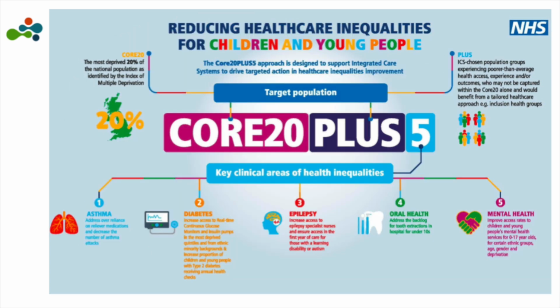Plus, the plus population groups should be identified at a local level. These may be ethnic minority communities locally, people with learning disabilities and autistic people, people with multiple long-term conditions, other groups that share protected characteristics as defined by the Equality Act, among others defined at a local level, applicable to all areas of healthcare where these people seek help and support.